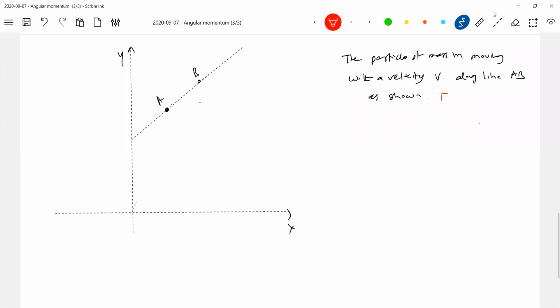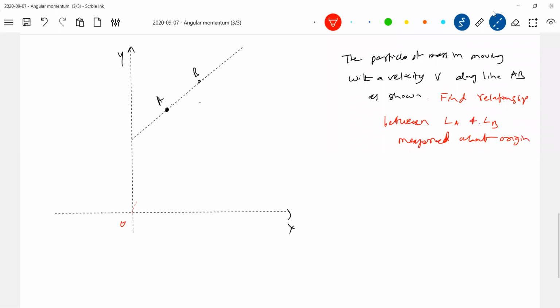I'll define the question clearly: find the relationship between LA and LB measured about the origin O. About O is where I'm going to measure the angular momentum of the particle at A and B.